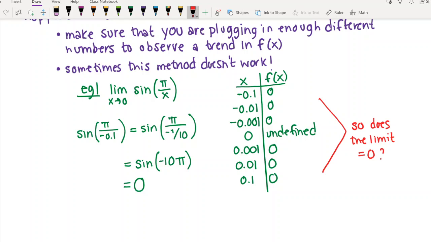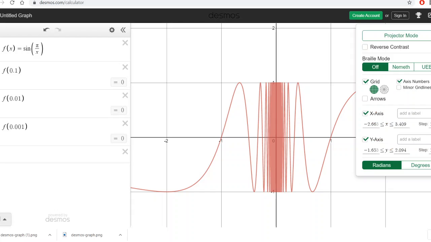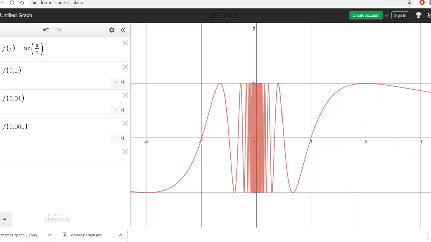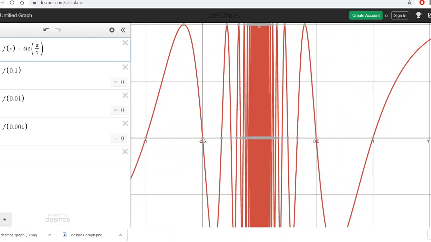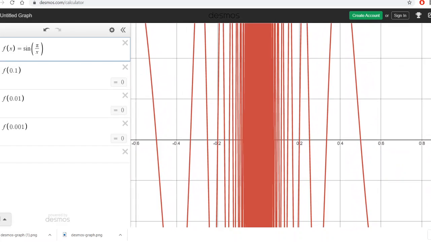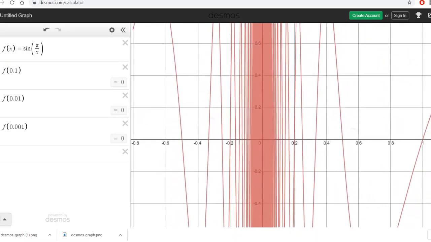You might guess that. But let's look at what the graph of this function actually looks like. So this is the graph of sine of pi over x. So you can see it looks very crazy. Basically what happens is the closer and closer x gets to 0, the more this function kind of just oscillates back and forth between 1 and -1.